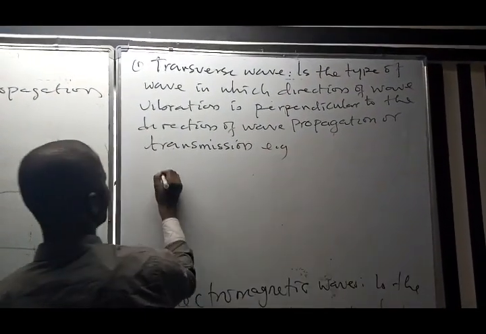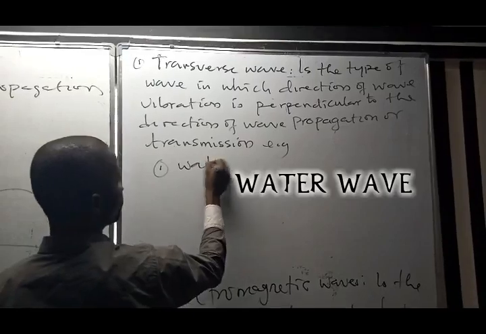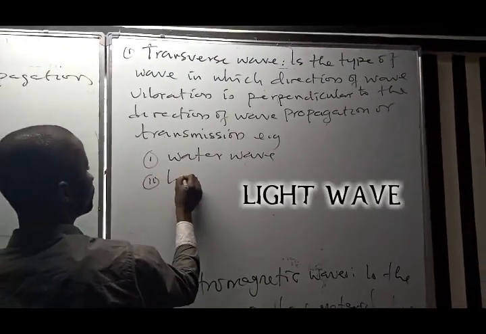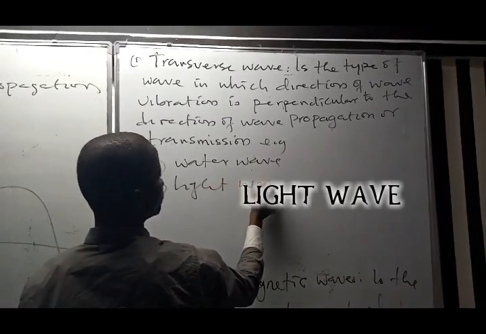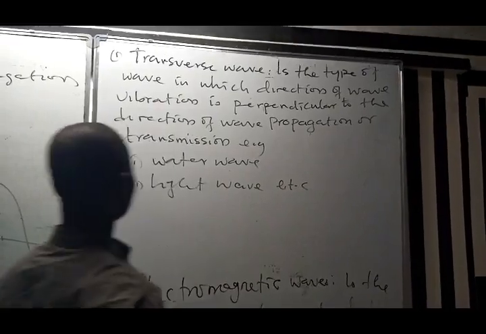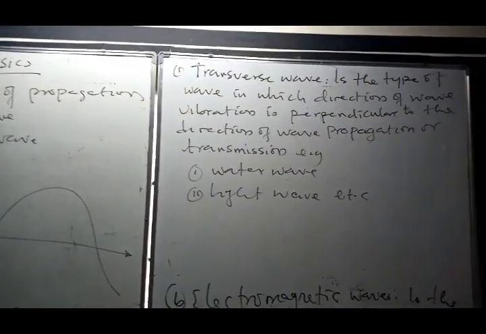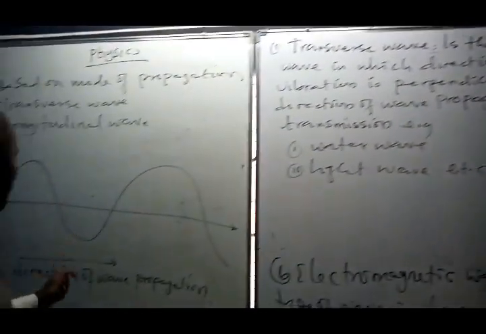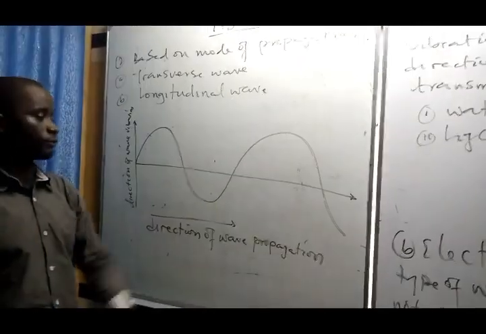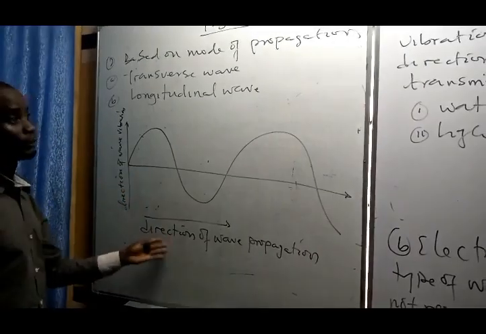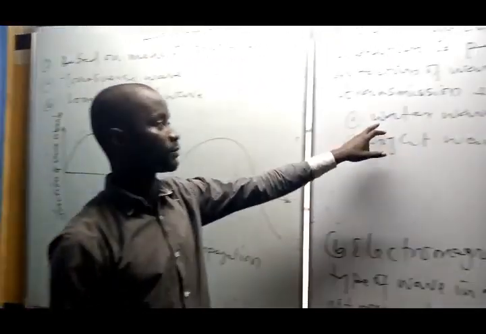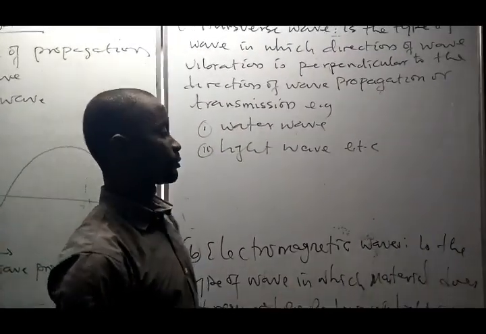E.g., one, water wave. Two, light wave, etc. This is just the definition from the diagram also. This direction of wave vibrations and direction of wave propagation are perpendicular to each other. And a typical example of this is water wave and light wave.